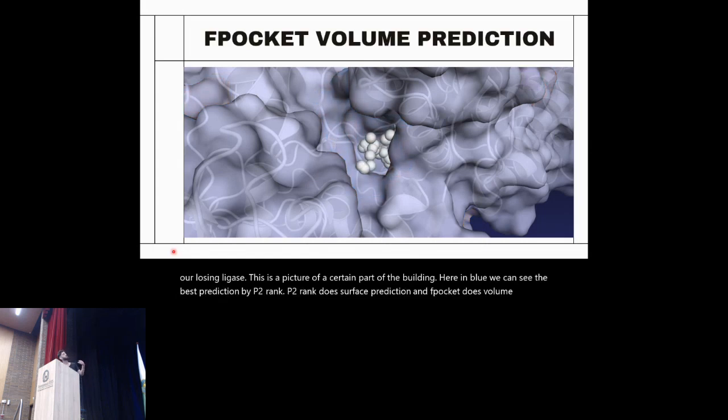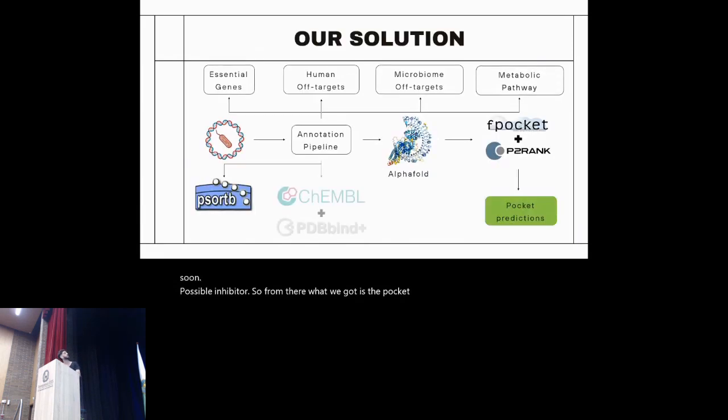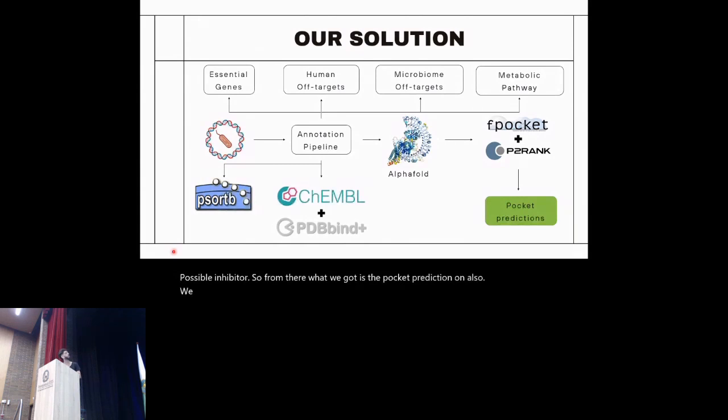From here, what we want to get is the spots that the protein has to bind some possible inhibitor. So from there, we get the pocket prediction, and we also search in the ChEMBL and PDBbind databases to get the known ligands for the proteins of the genome.